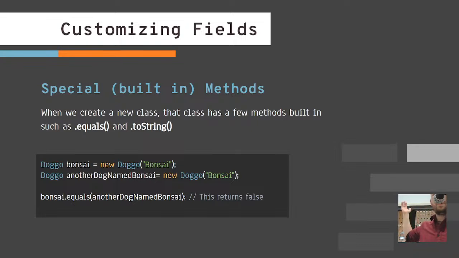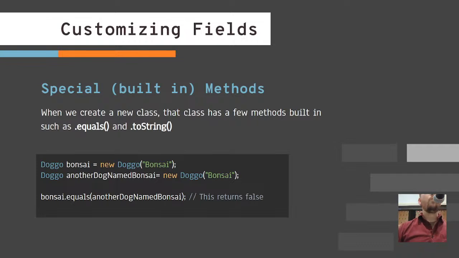Let's even assume in this example that there is no ID field. There's only one field, which is name. So hypothetically, we have two instances of the Doggo class with the exact same values set to their fields. And if we were to say bonsai.equals another dog named bonsai, Java is going to say no, those do not equal each other.